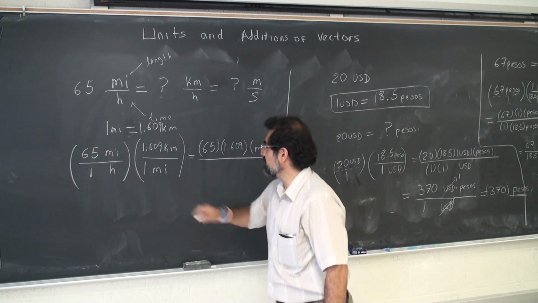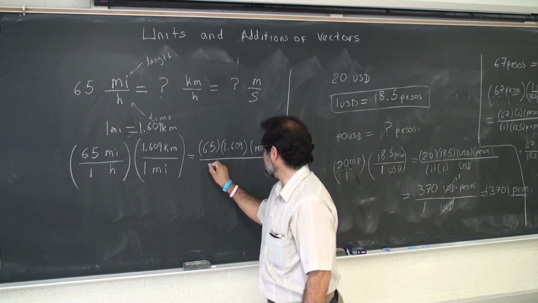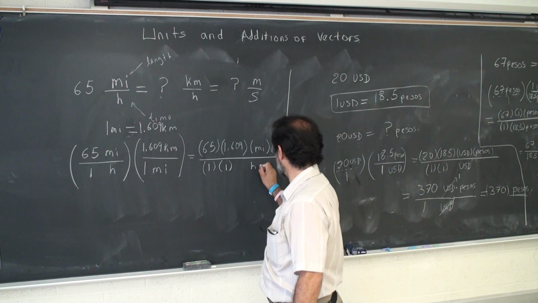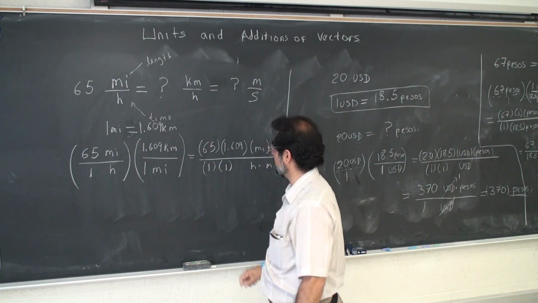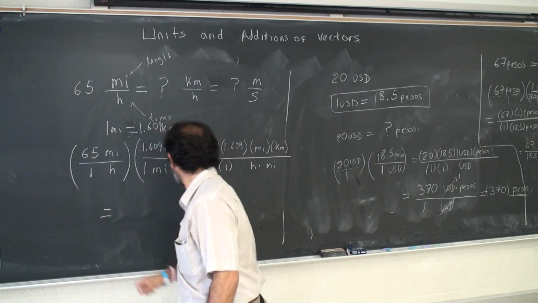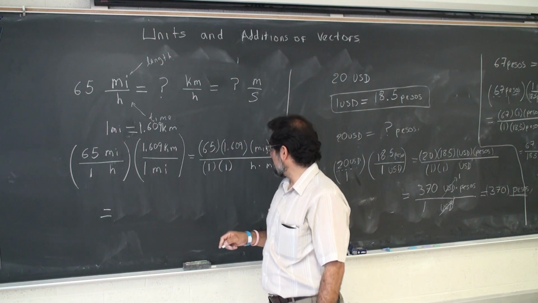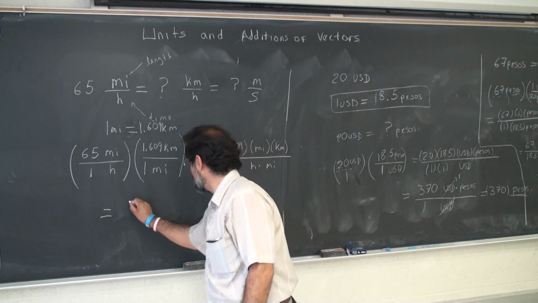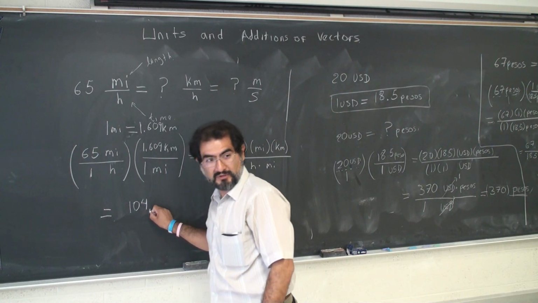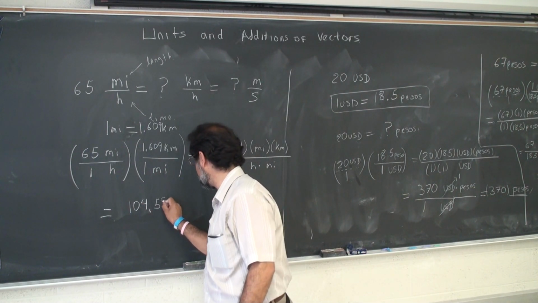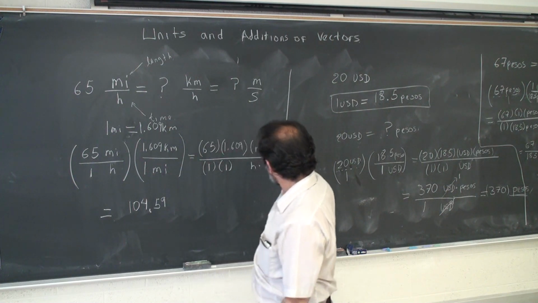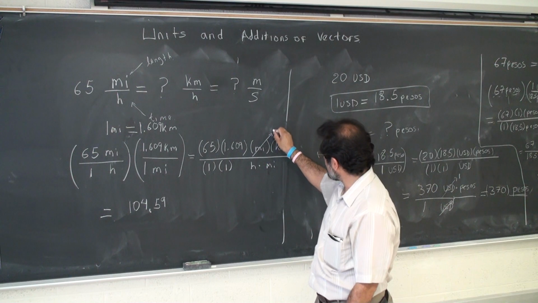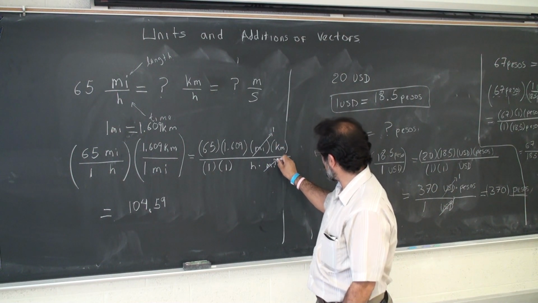And we have 1 times 1, hours, miles. 65 times 1.609 is going to be 104.59. From here we can see that we have miles divided by miles. It's going to give me 1.